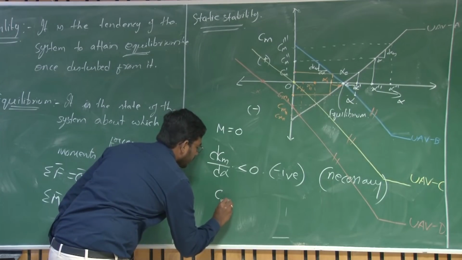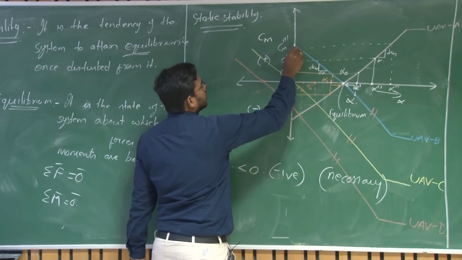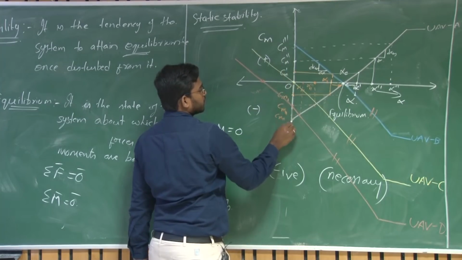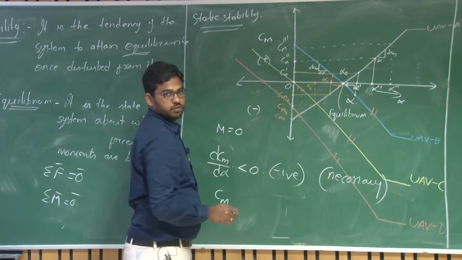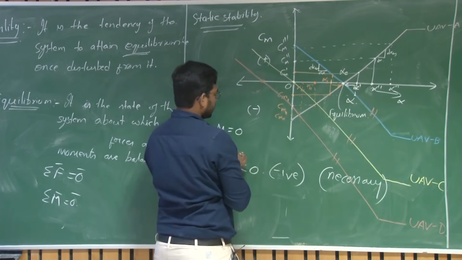So the Cm naught, what is Cm naught here? Here it is 0, here it is positive. What is Cm naught? Cm at which alpha is equal to 0, right. So here it is positive. This is for the blue curve, this is your Cm naught.